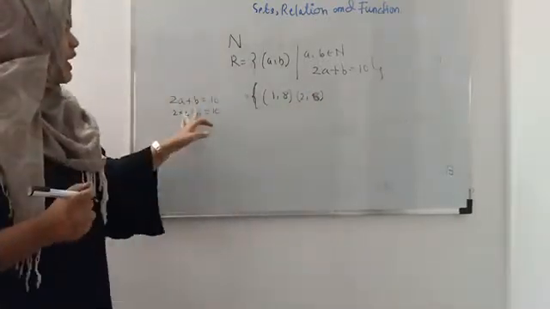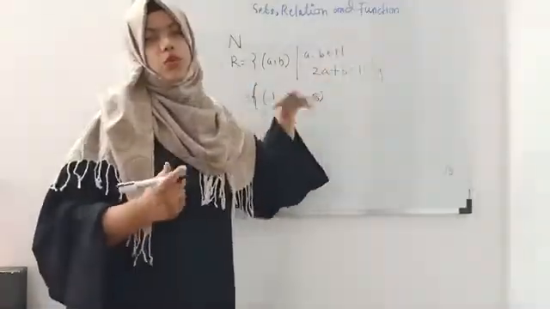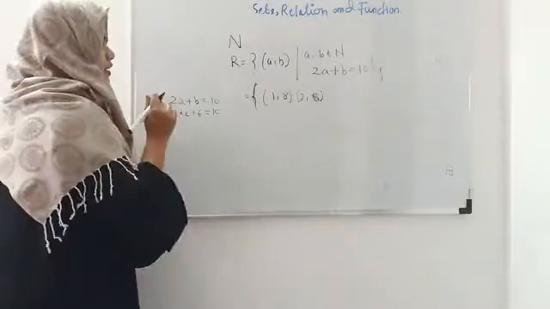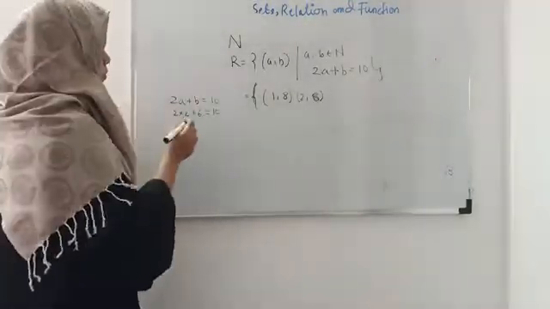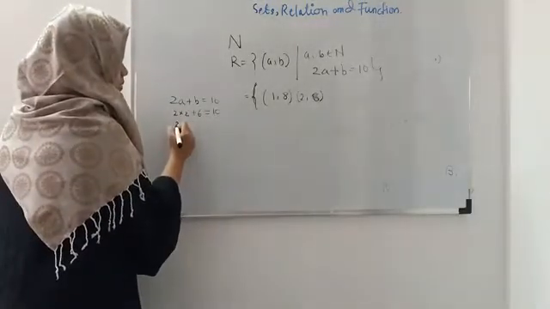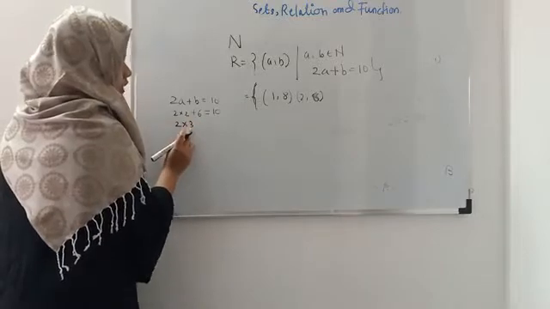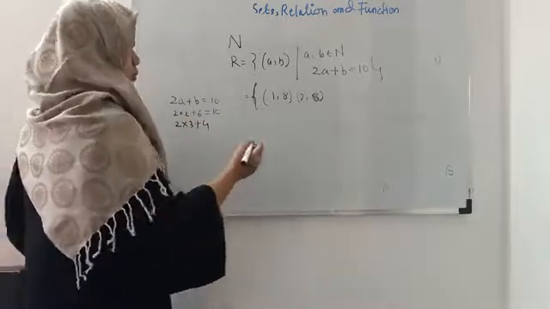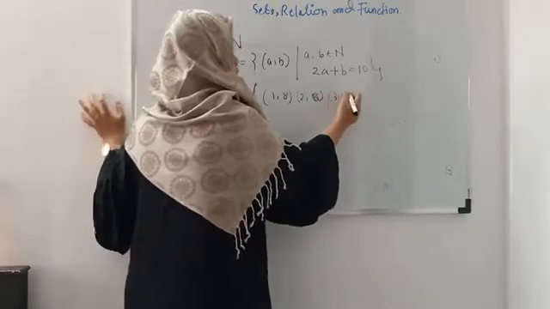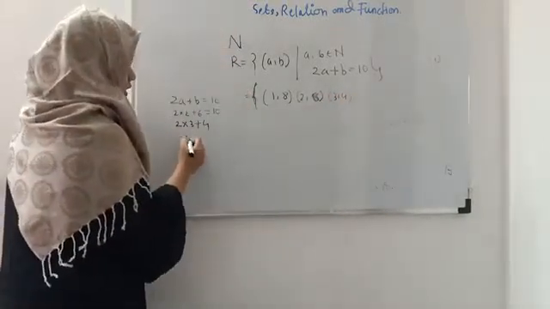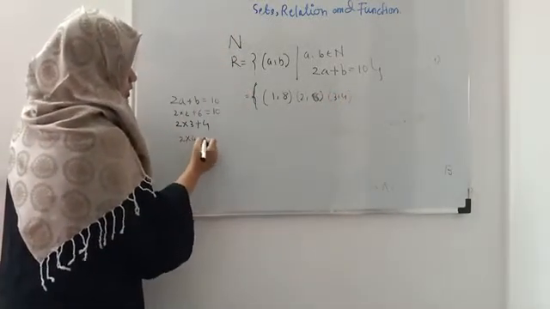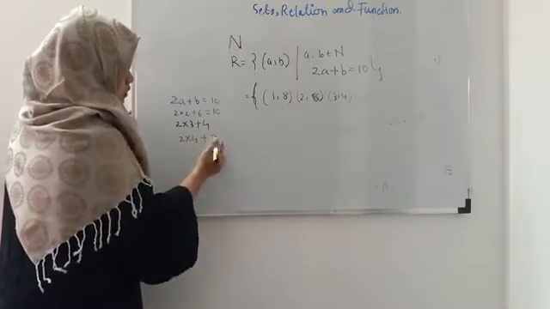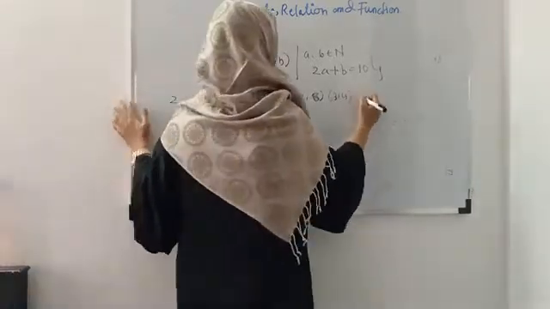Here a and b are from natural numbers, so you cannot take negatives, right? Natural numbers means all the positive numbers. Then next, if I take 3 here, then 2 into 3 is 6, so b is 4. So (3,4). Next, if I take 2 into 4, that means 8, so here b will be 2. So (4,2).